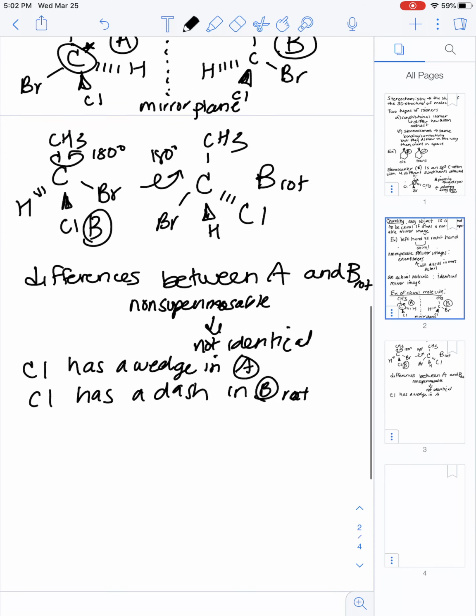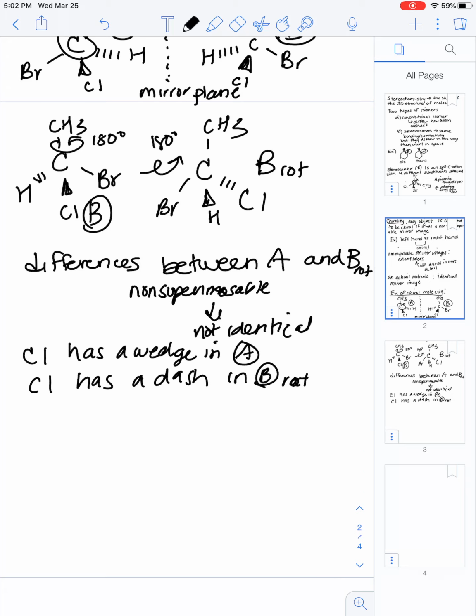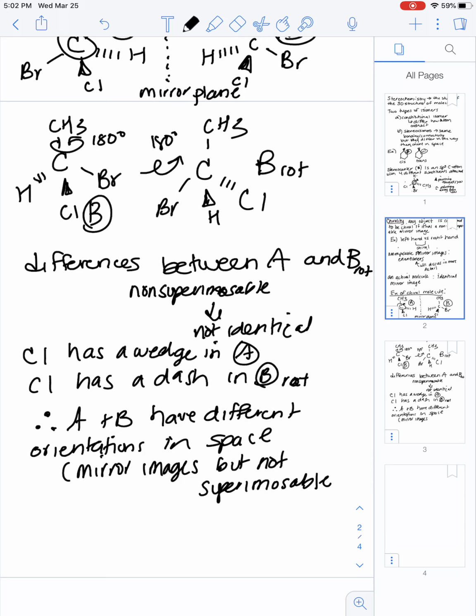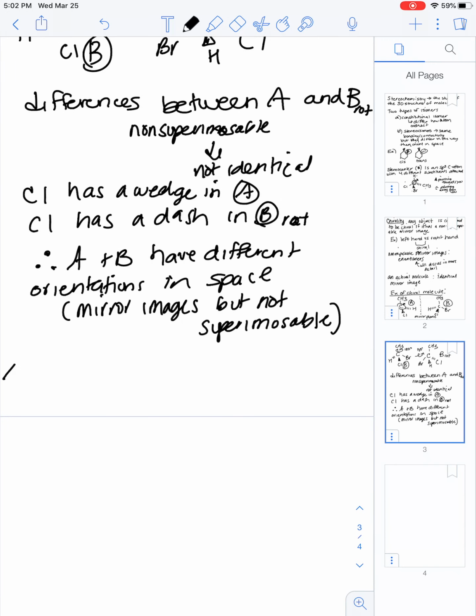Remember that stereoisomers differ in the way that they orient in space. So we can say that A and B have different orientations in space. They're mirror images, but not superimposable. A is a chiral molecule, and we would call B its enantiomer.